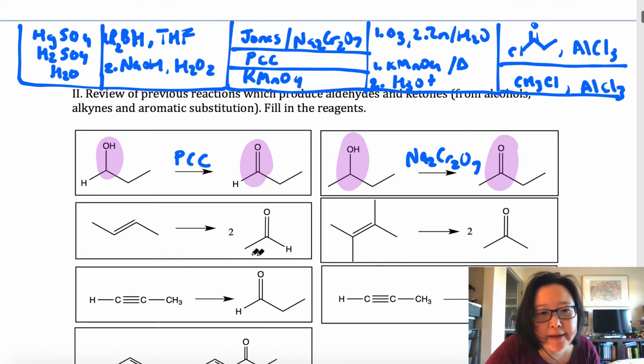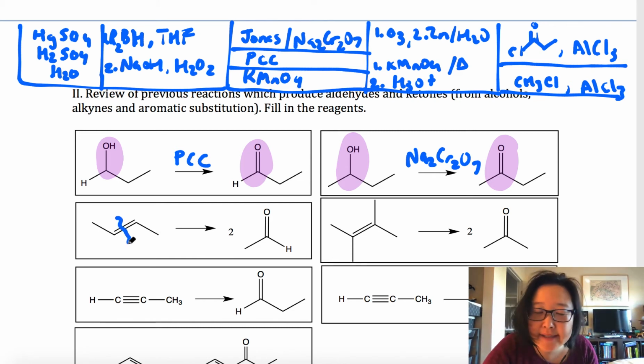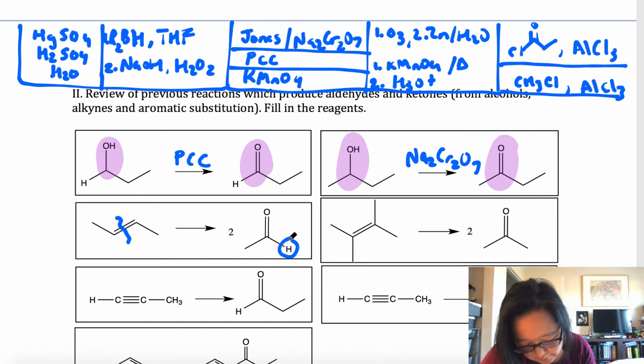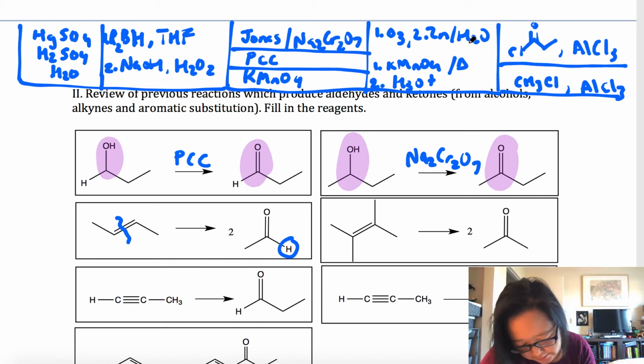For the next one here, I hope you see the 2 means that there's 2 of these molecules. So I'm taking a 4-carbon chain and splitting it in half. That's oxidative cleavage, and I'm ending up with this aldehyde. So I want an oxidative cleavage under reducing conditions, so reductive workup. That means I want to use zinc and water, or DMS is another choice for a workup.